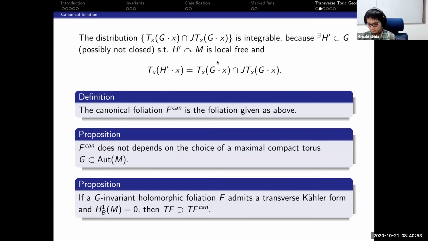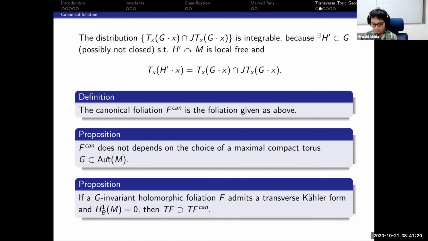And so the canonical foliation seems to depend on the choice of maximal compact torus in the group of automorphisms, but actually we can say the following: the canonical foliation doesn't depend on the choice of a maximal compact torus in the group of automorphisms.